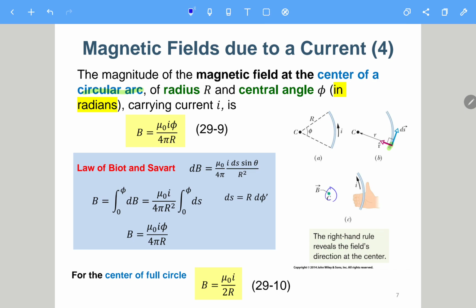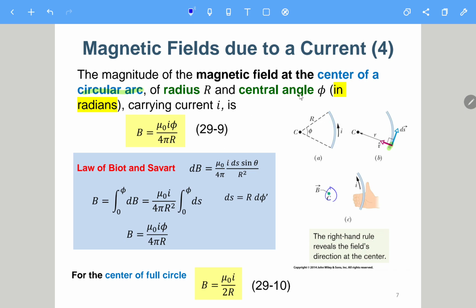And you can also use the right hand rule in another way. You use your forefinger following the direction of the current. The current is going like this. If it is a circle, it will be something like that, and your thumb will be pointing out of the page. So it is also correct. You can use both ways.